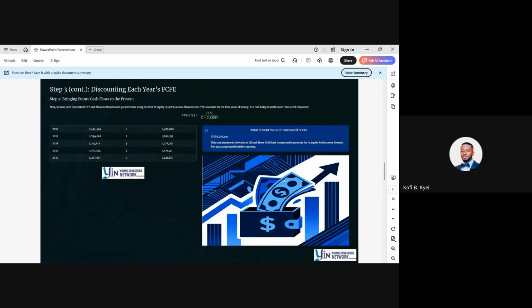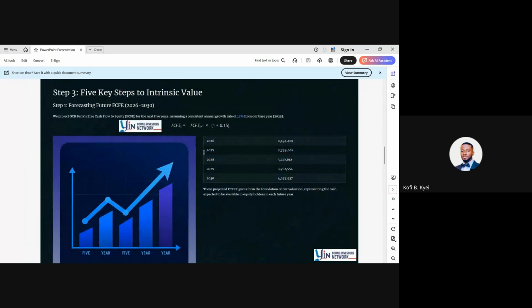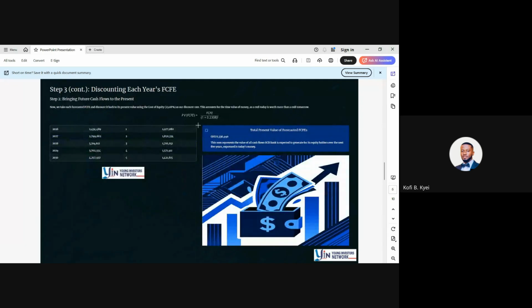Now, the next step is to discount each of the free cash flow. Okay, you discount all of them, bringing future cash flow to the present. With this kind of analysis, you need to have in mind the formula for future value and the formula for present value, because that's all that we are using. This is the future value formula, and this is the present value formula.